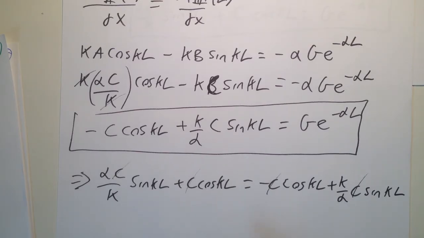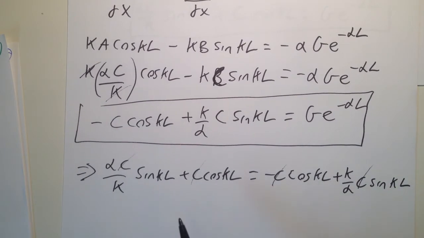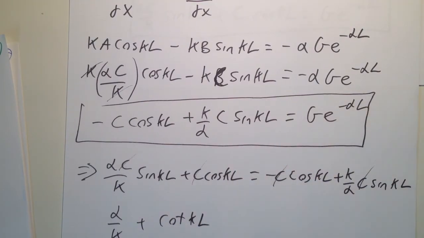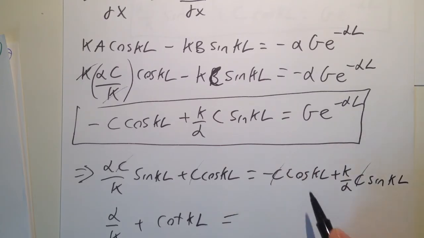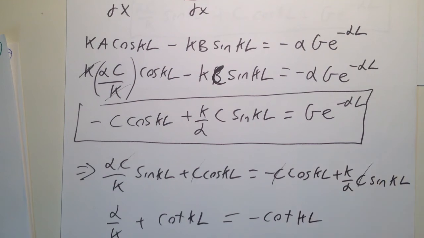Okay, and we'll have to do a little bit more manipulation here. If I divide everything by sine, I get alpha over k plus cosine kL divided by sine kL, which is cotangent kL. On this side, cosine divided by sine is minus cotangent kL.